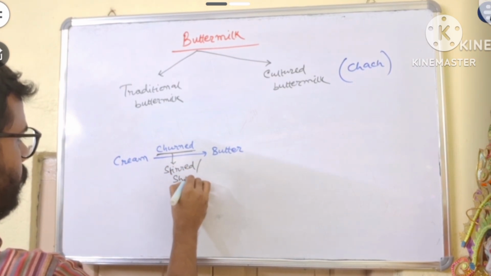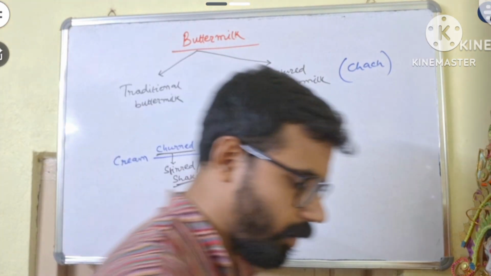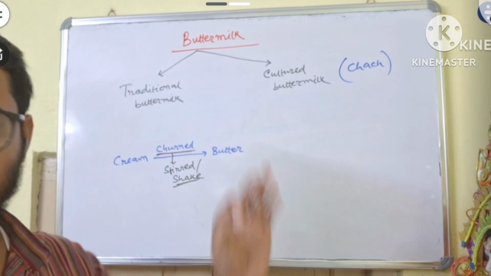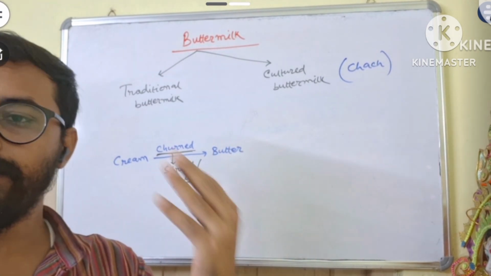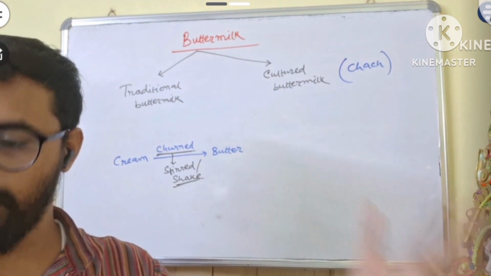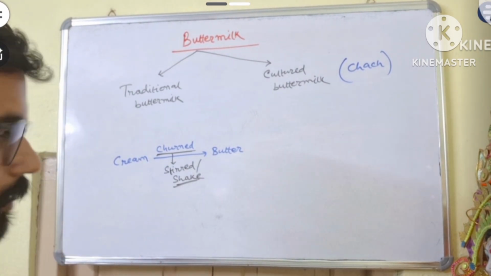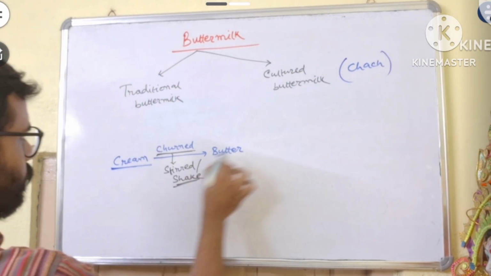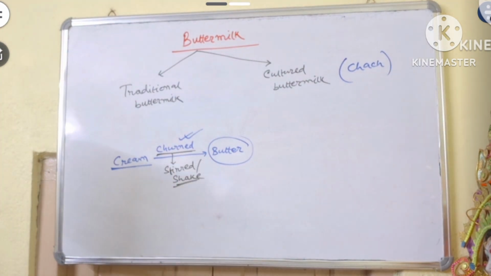After butter production, the remaining fluid of the cream is called buttermilk, and that is consumed. It is the traditional way, and it is not fermented.